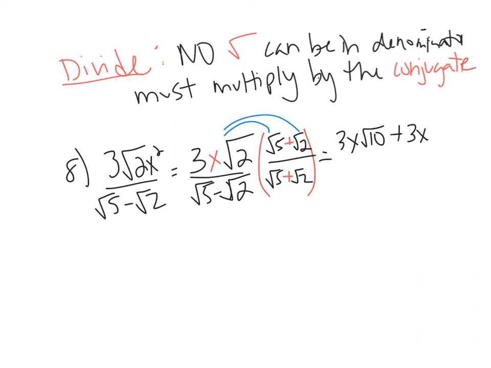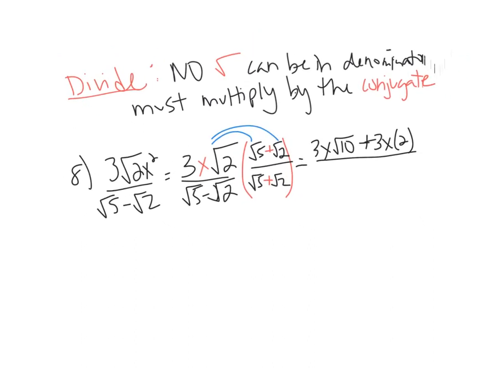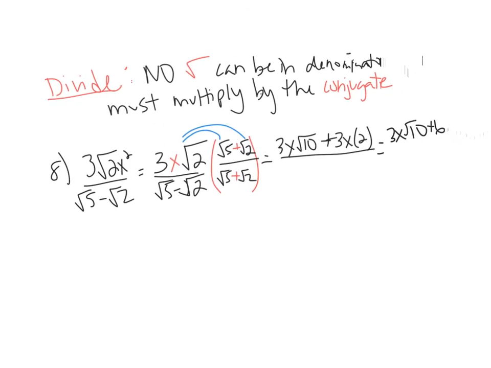I don't have numbers on the outside, so it's 3x. Root 2 times root 2 is square root of 4, which is 2. So this will eventually simplify to 3 times 2 is 6, so 6x.